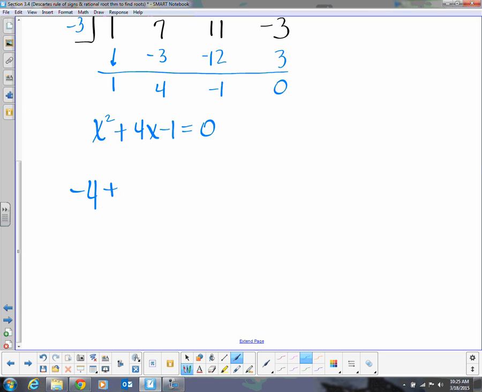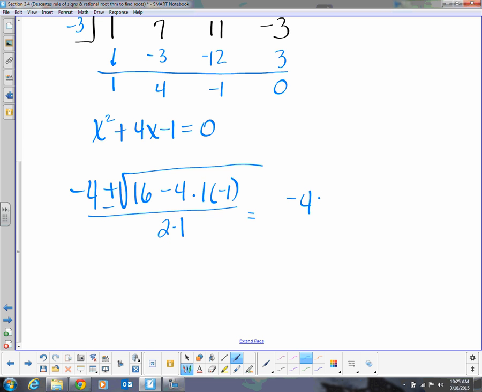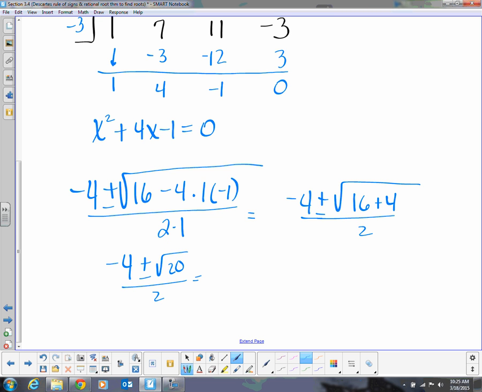Opposite of b plus or minus the square root of b squared minus 4 times a times c, all over 2 times a, which is negative 4 plus or minus the square root of 16 plus 4 over 2, which is negative 4 plus or minus the square root of 20 over 2, which is negative 4 plus or minus 2 square roots of 5 over 2, which is the same thing as negative 2 plus or minus square root of 5.